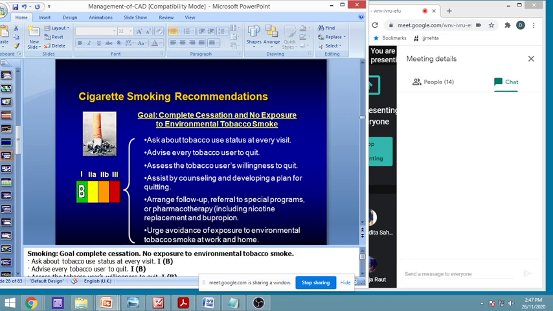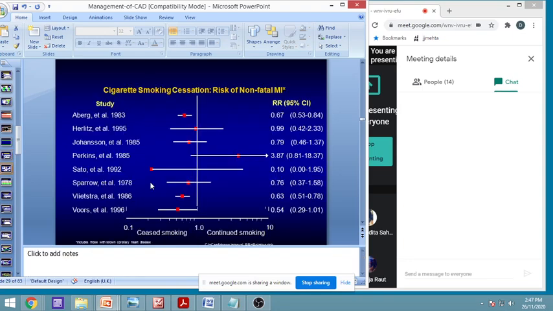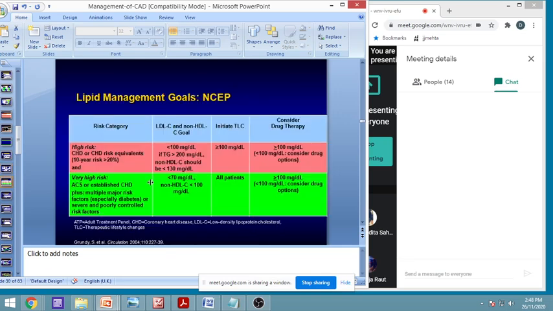There are patches, and like that, various ways, counseling, etc. All the measures should be taken, and it should be seen that the patient is quitting tobacco. So it has been found very beneficial to have the benefits of quitting cigarette smoking.